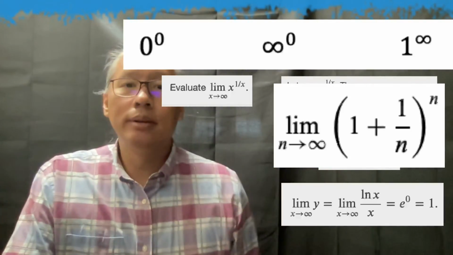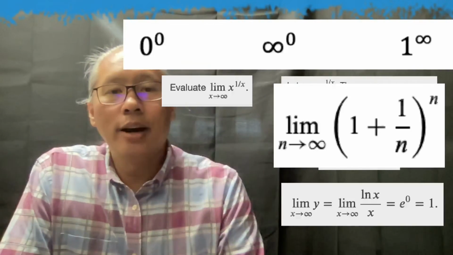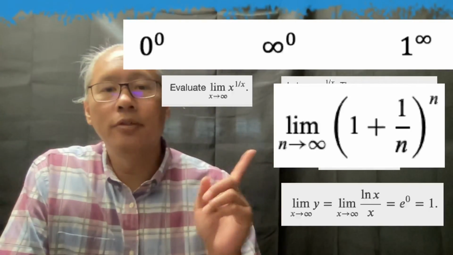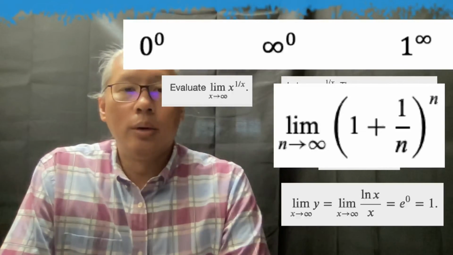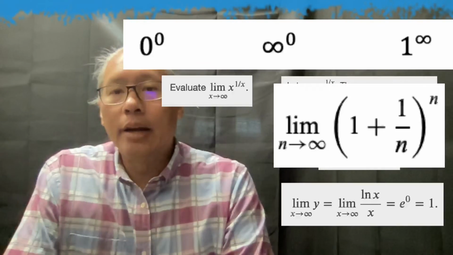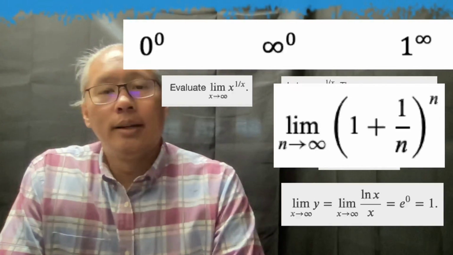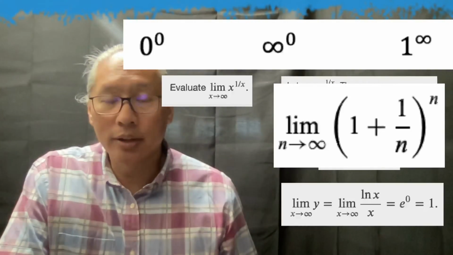so this 1 to the infinity one is quite popular, and in fact it comes off of this particular limit: the limit as n goes to infinity of 1 plus 1 over n, all raised to the nth power. I don't know if you've seen this before, but you might have seen this in a pre-calculus class when they were doing compound interest.